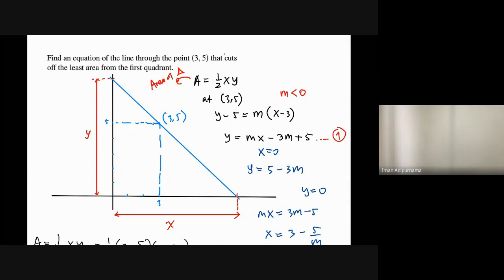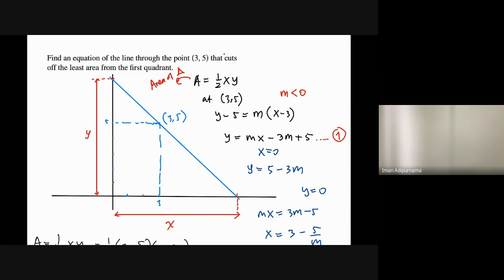And another thing is you have a line equation. You can put the line equation here, and it becomes clear that this m is something that we need to find so that the area can have the minimum area.